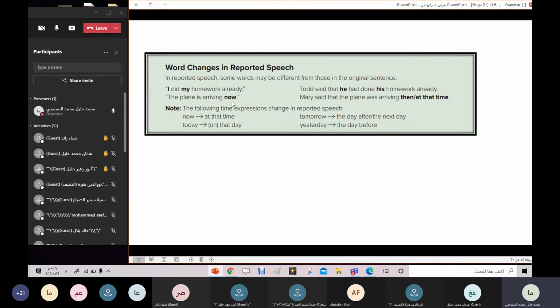Then here we have to change the pronouns: I, he, my, his. And this depends on the one who reported the question and the speaker. Also, we have to take into consideration changing the time expressions.